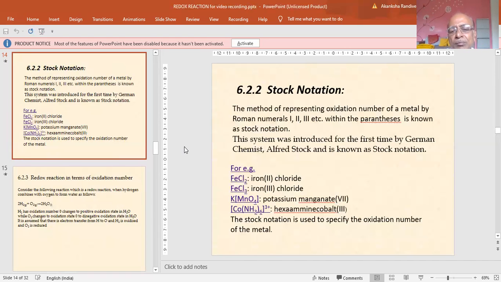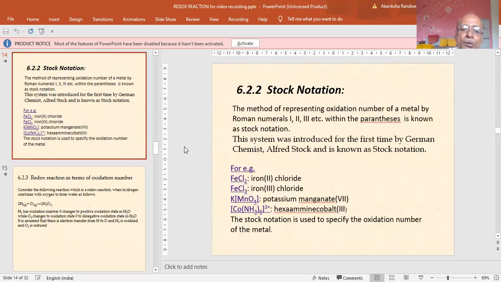Similarly, oxygen, its oxidation number is again fixed, that is 2-. So the oxidation number of Mn, the manganese metal, we have to firstly find out, and then accordingly we can write the stock notation for KMnO4.